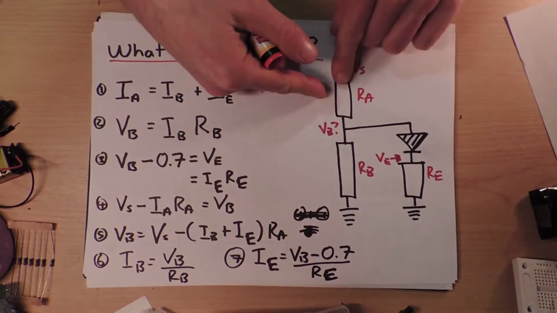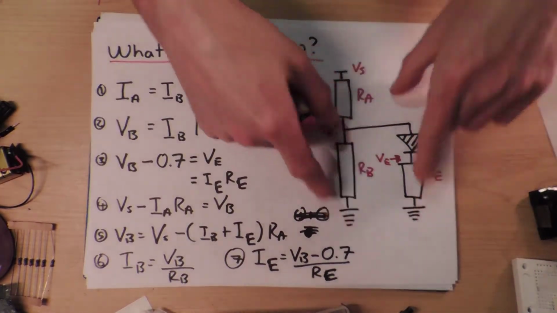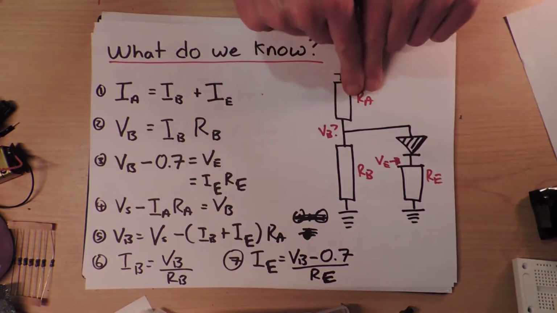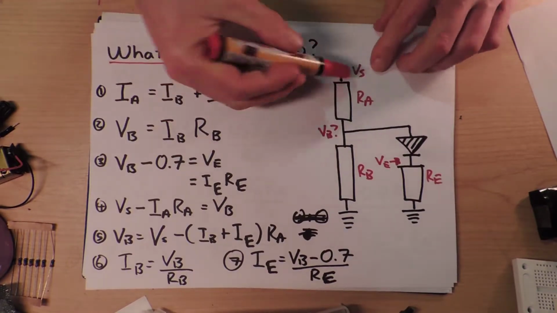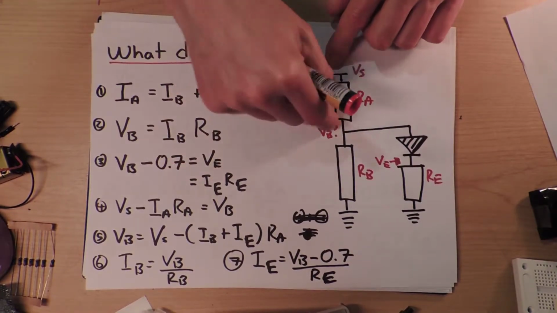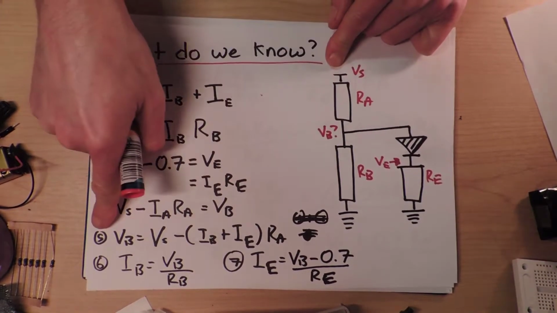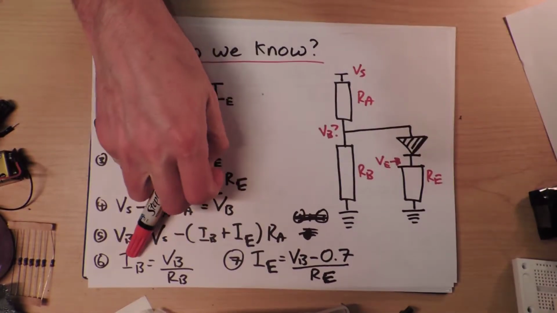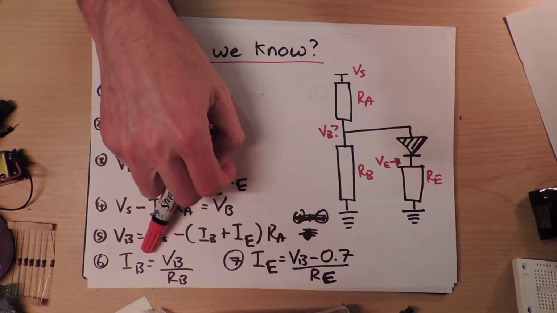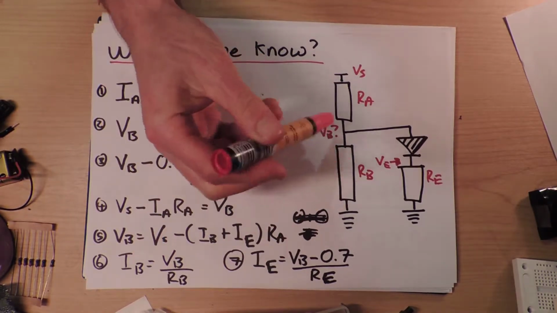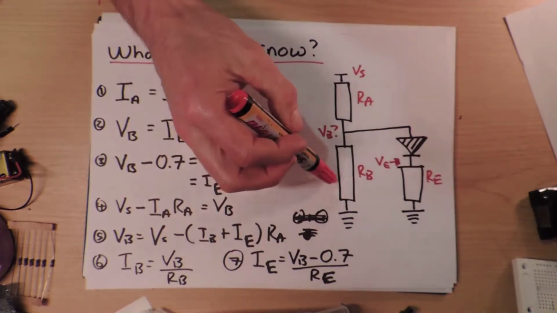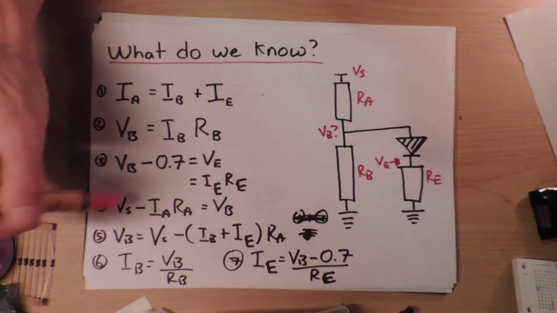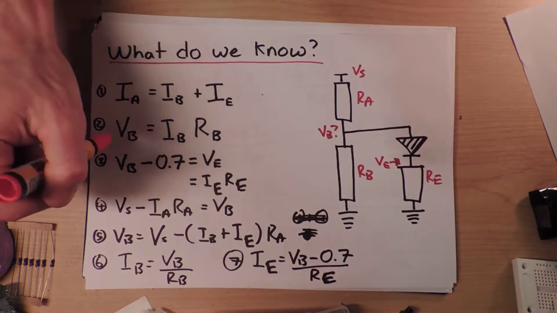I know that the current that goes through here splits into two. So if I take those two currents and add them together, I've got that current, I multiply it by the resistance, I've got the voltage drop, take that off the supply voltage, and we've got VB. So that's what that statement is. Down here we've got another one. The current that goes through IB is just the voltage VB divided by R3. That's just another restatement of the previous thing.